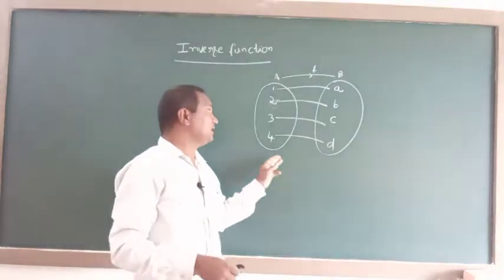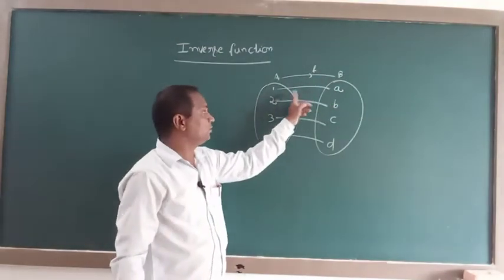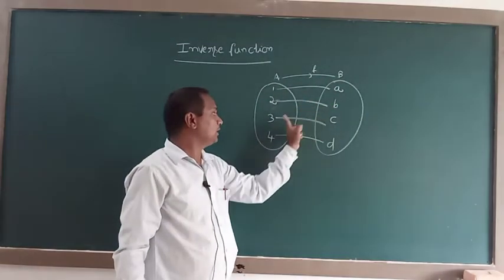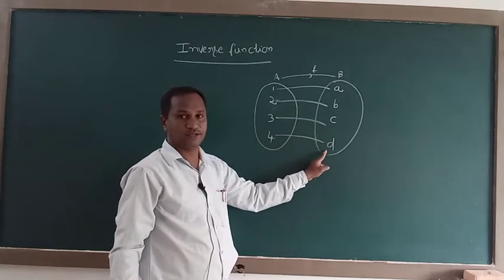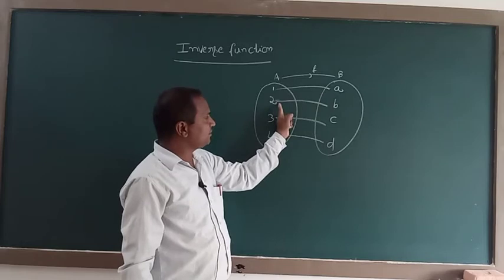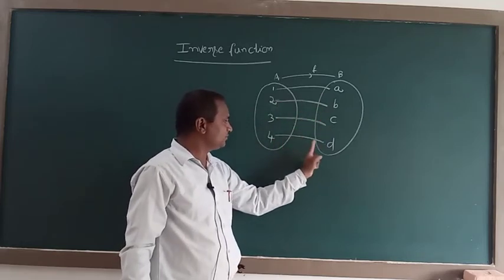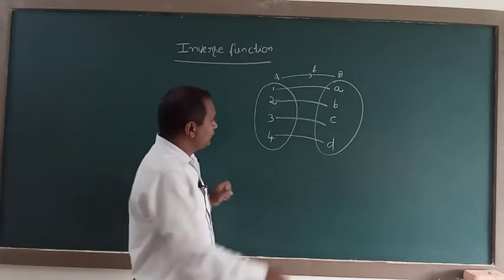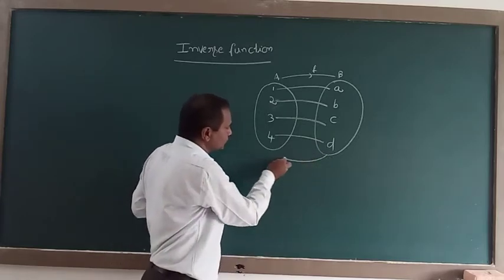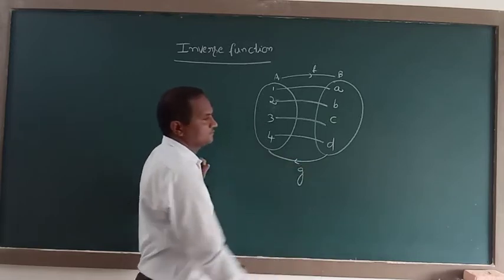Say here, diagrammatically I am showing, A to B one function is there. 1 to a, and 2 to b, and 3 to c, and 4 to d. That is, the image of 1 is a, image of 2 is b, image of 3 is c, and image of 4 is d. If you can move from B to A also, let us consider the g function.